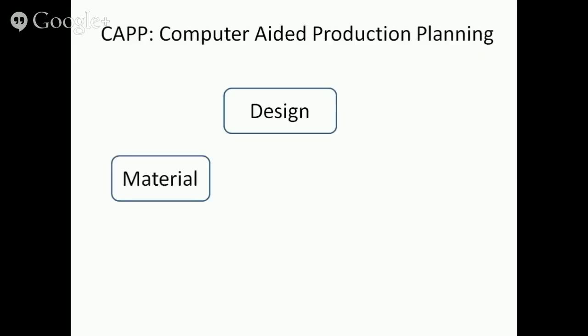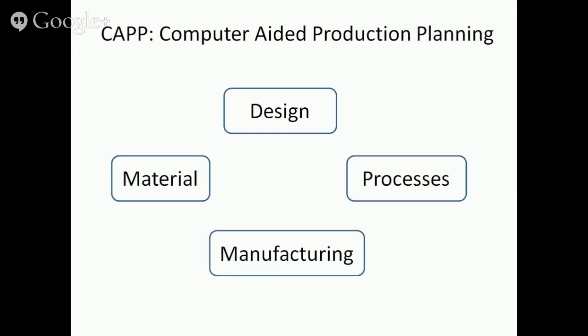CAPP, Computer-Aided Production Planning, is the combination of design, material, processes, and manufacturing in an interactive way.